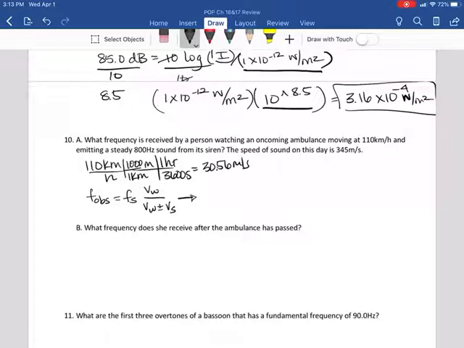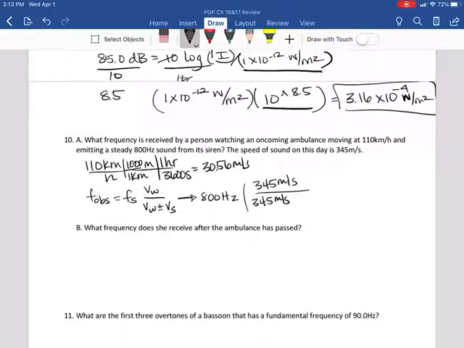Okay, so the frequency of the source that it gave us was 800 hertz times the wave velocity, or the speed of sound in this case, which is 345 meters per second, divided by this 345 meters per second.